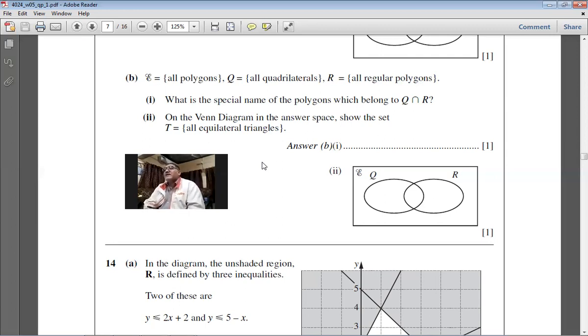So they will be inside the regular polygons, because in regular polygons all the sides are equal. They will be in the form of a circle inside this R circle. So this is how you will do this.